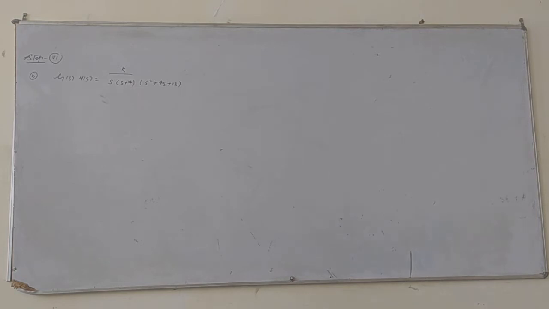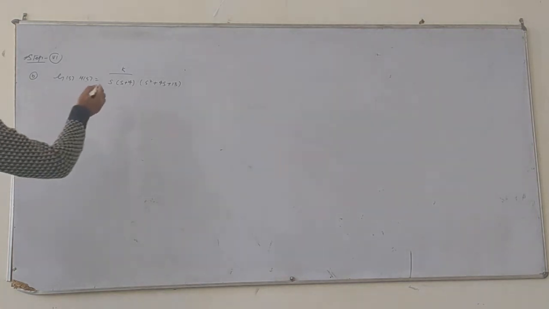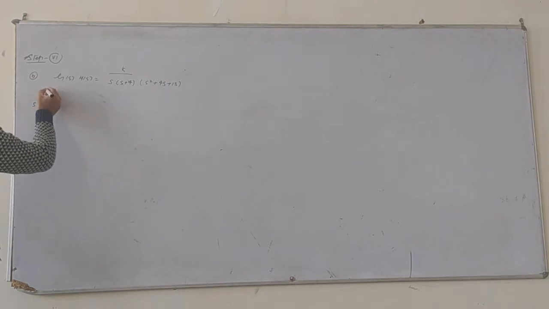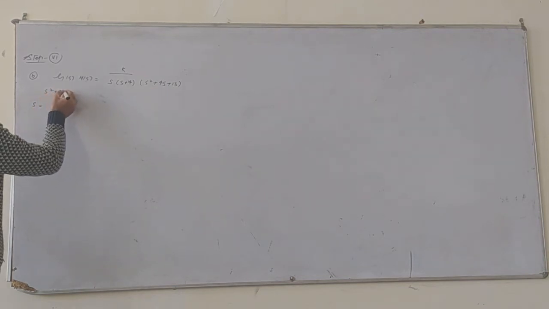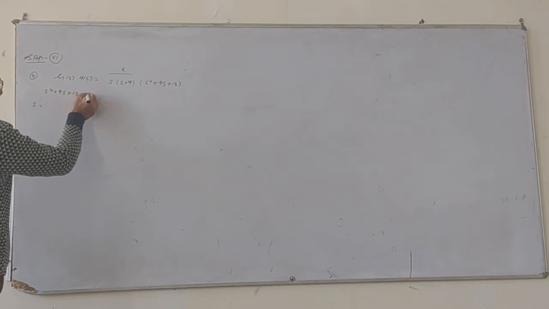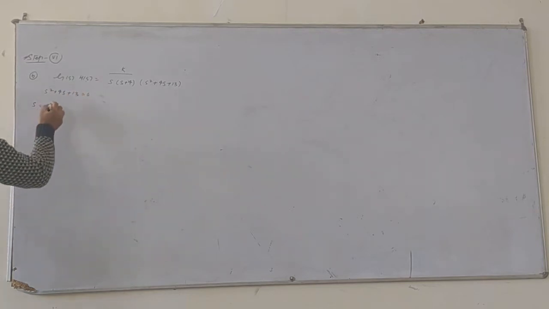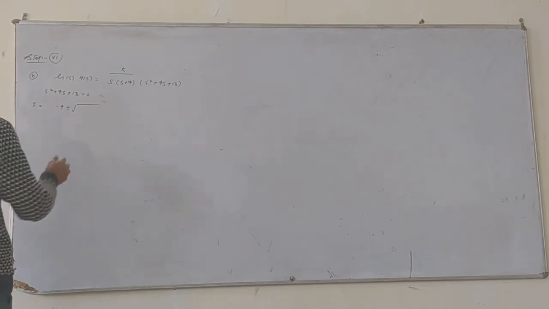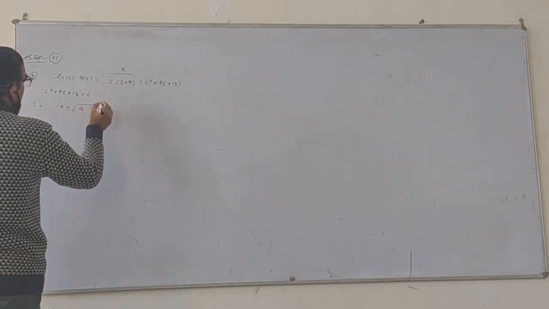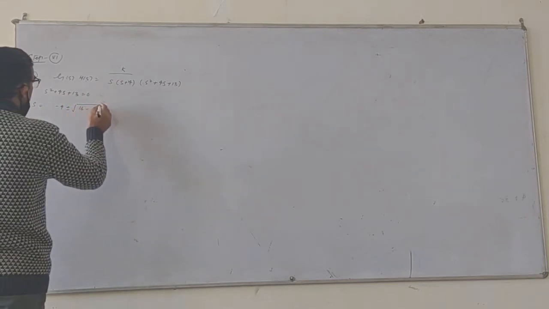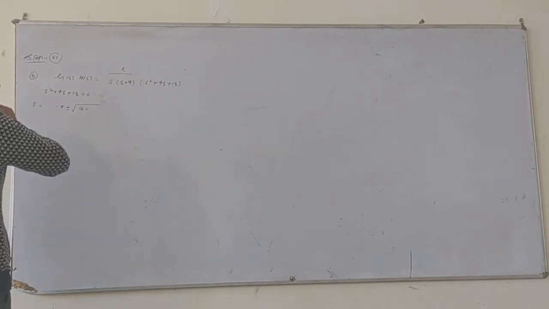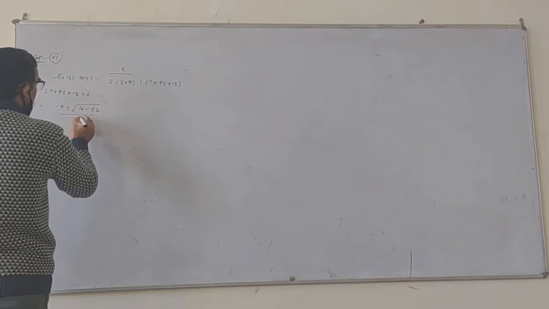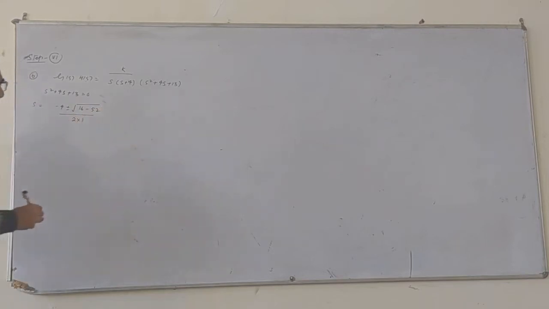Now for a complex number, what's this complex? This will have 2 roots. I'm taking s squared plus 4s now to find the root. s will be minus b plus minus under root of b squared, that is 16, minus 4ac, that is 4 into 52, divided by 2a, that is 2.